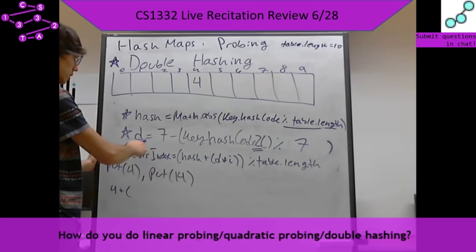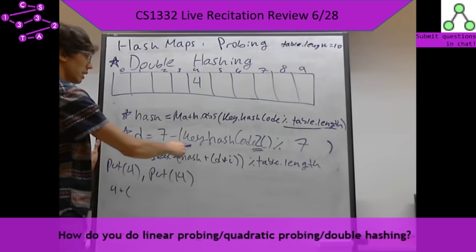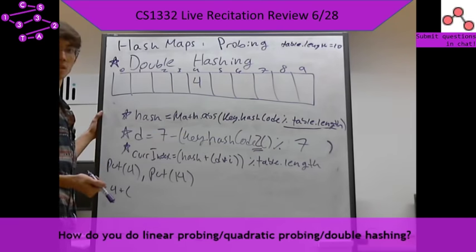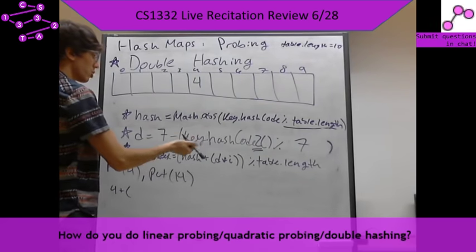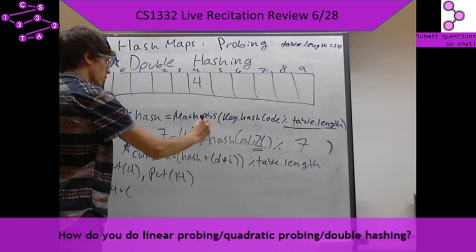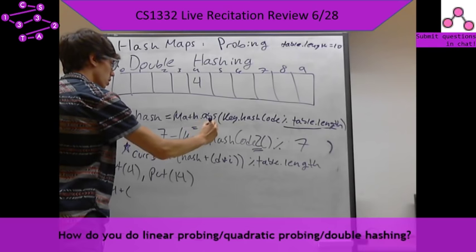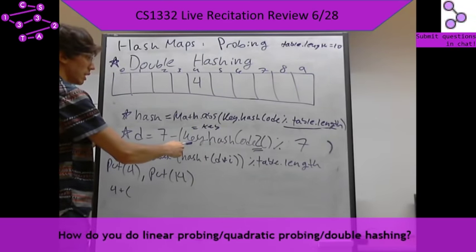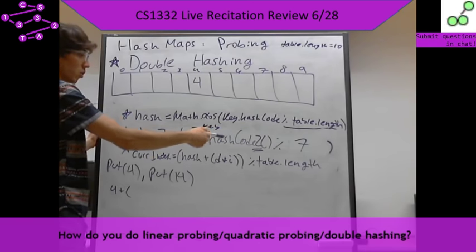D is 7 minus key.hashcode2, and in this case we'll just say that this also returns the key value, right? So this will be 7 minus 14 mod 7, which is what?